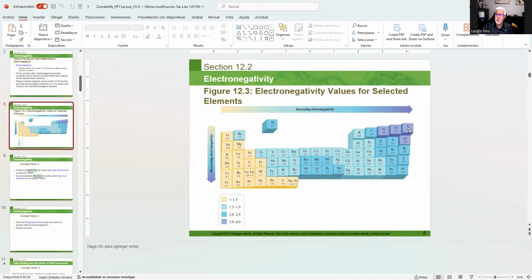And for example, from fluorine across the periodic table until francium, the electronegativity decreases to the right, to the left, sorry.